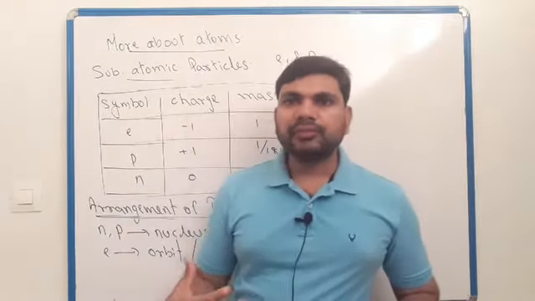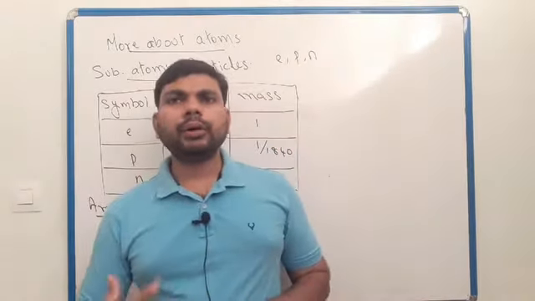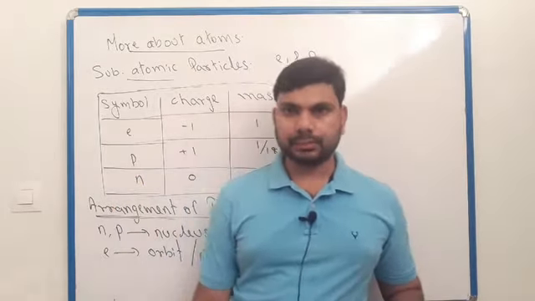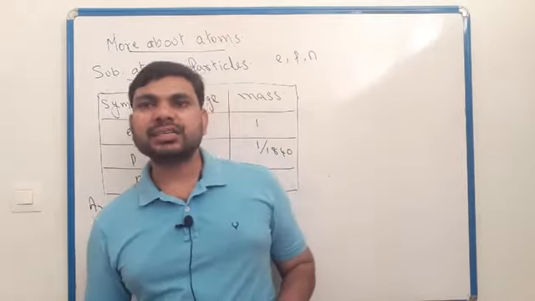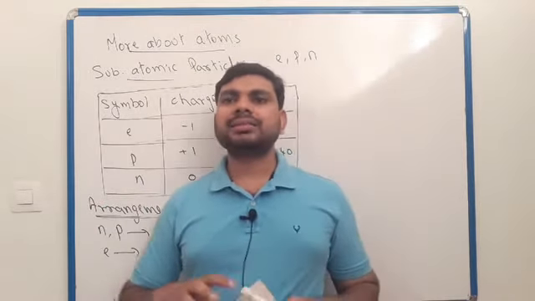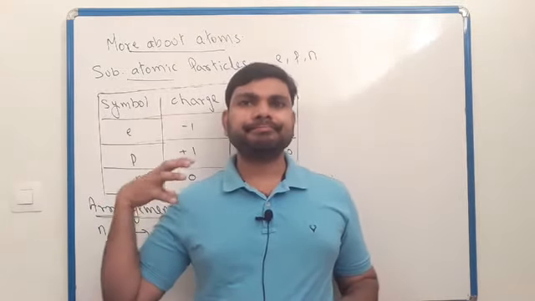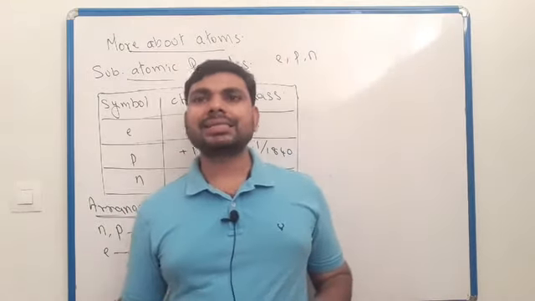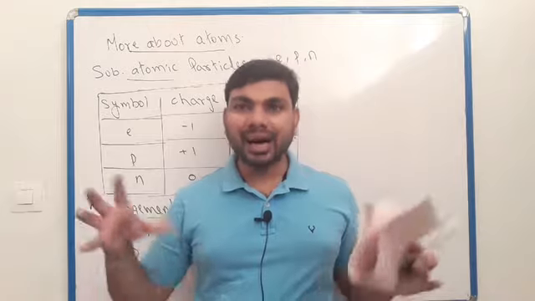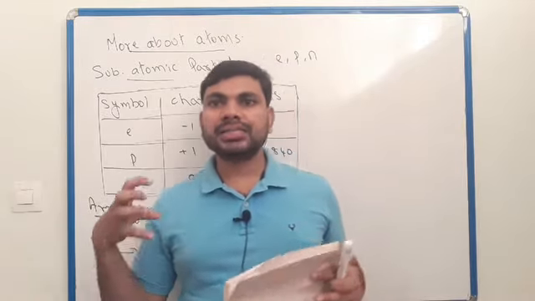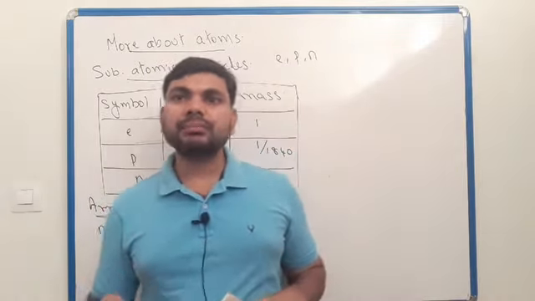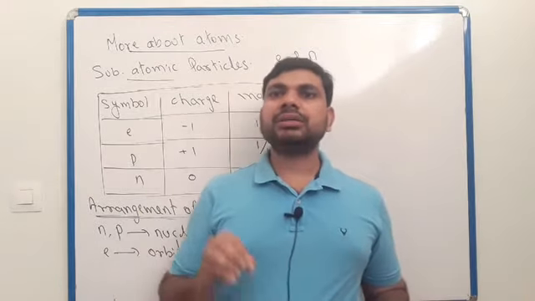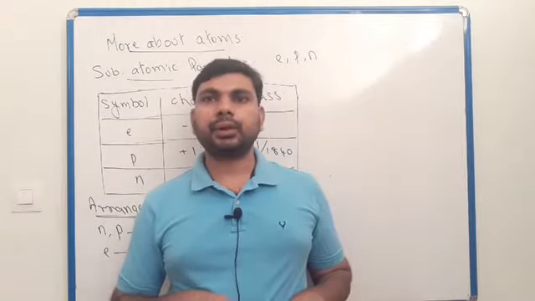Okay, next we have to discuss more about atoms. We already discussed atoms are considered like a hard sphere. In the middle of the atom there is a very small center, called the nucleus.